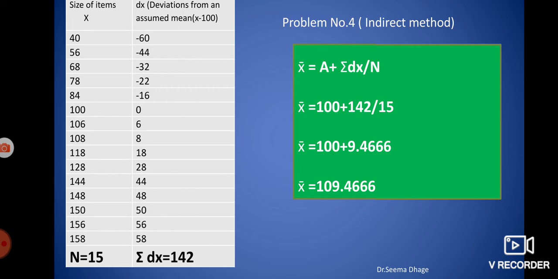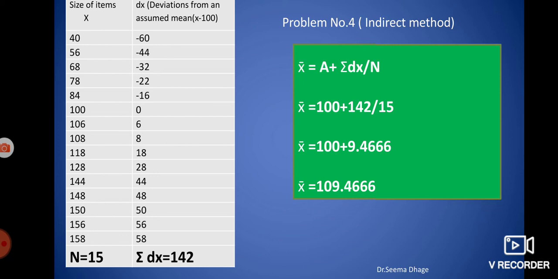So here we have the data set 40, 56, 68, 78, 84, 100, 106, 108, 118, 128, 144, 148, 150, 156 and 158.